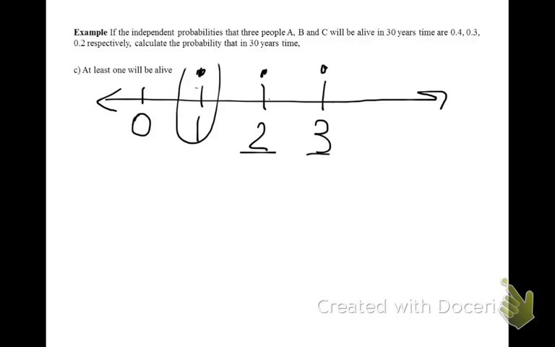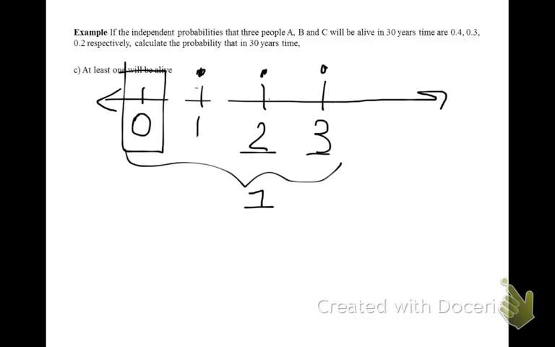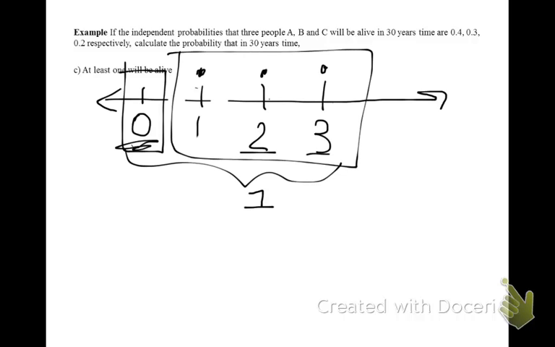So the other option would be to think in terms of a complement. I could say, well, I'll find the probability that no one lives. And if I find the probability that no one lives and do 1 minus that probability, it should sum to the probability I'm looking for, right? Because probabilities always sum to 1.